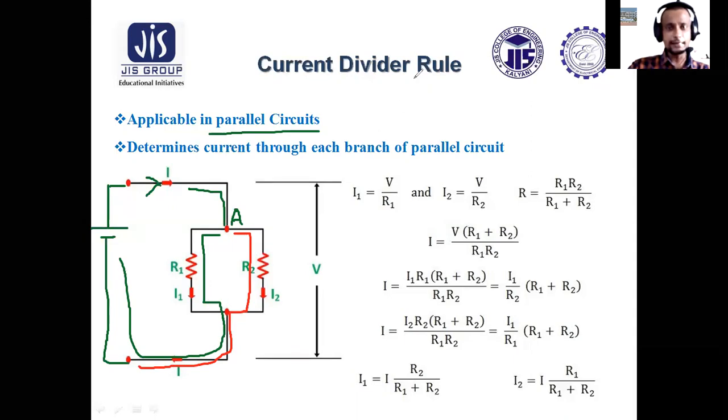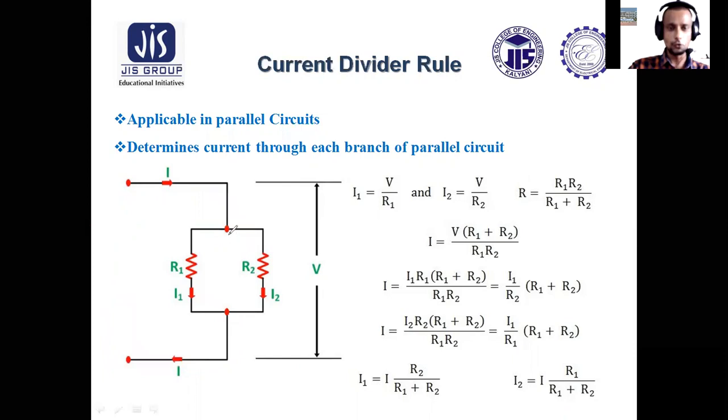So as current is getting two different paths to flow, the main current will get divided into two different paths. Now, the calculations or the rule involved in calculating current through this path or current through this path is known as current divider rule.